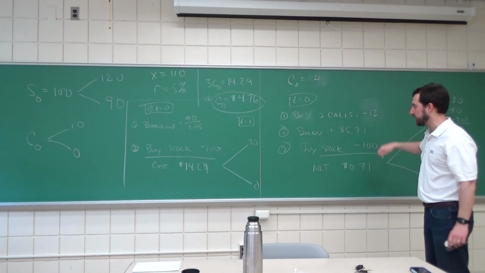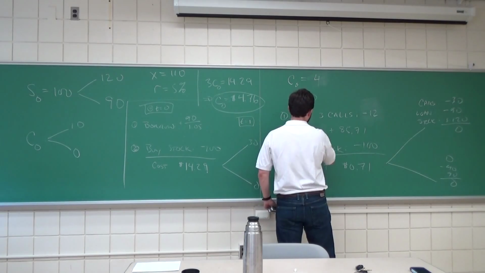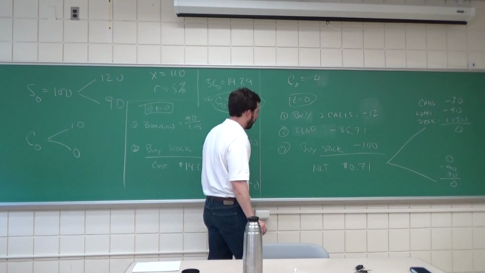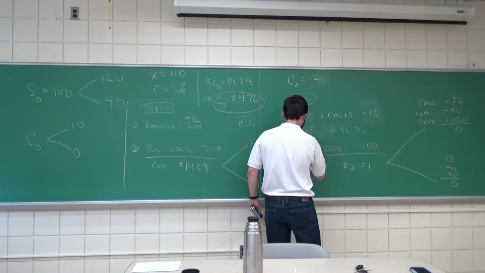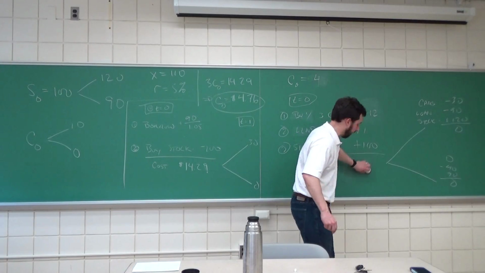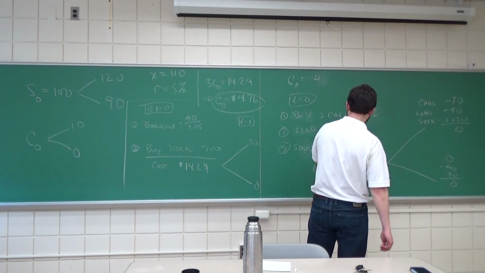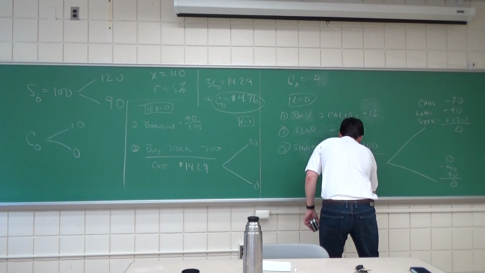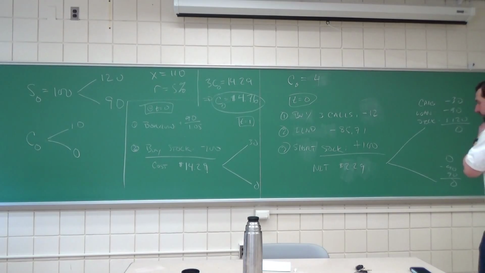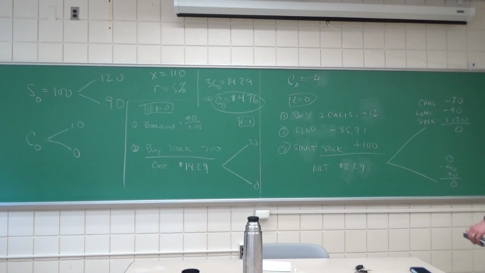So that's a cash outflow at time 0. We want to lend. So this is also a cash outflow. And we want to short. So this is going to be a cash inflow. This nets to $2.29. Of course, this is roughly 76 cents times 3.